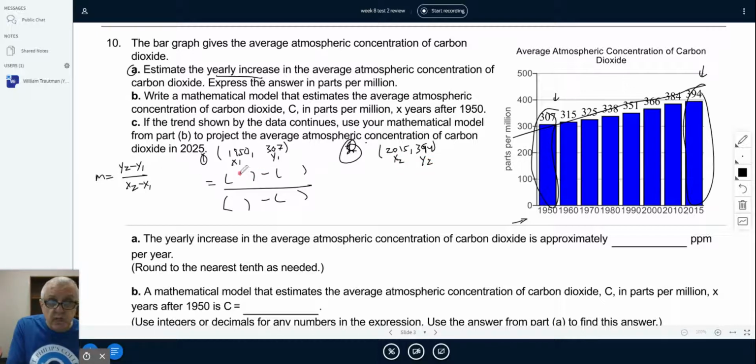And the formula is y2, which is right here, 394, minus y1, which is 307, over x2, which is 2015, minus x1, which is 1950. All right, so we'll do the top. 394 minus 307 equals 87.